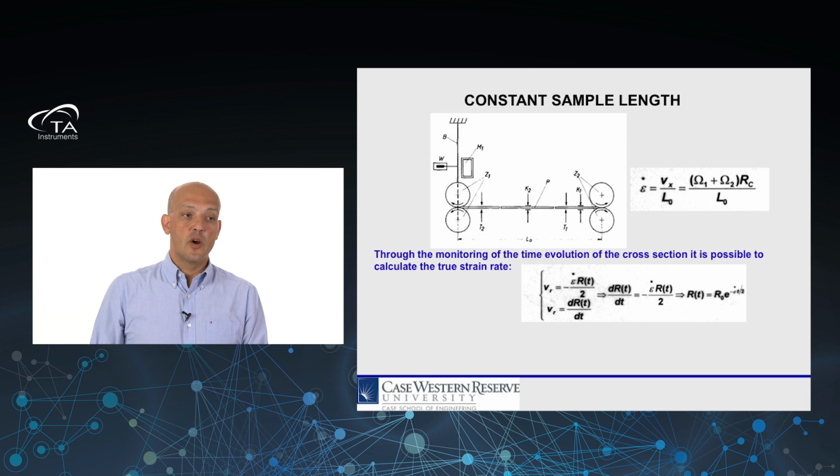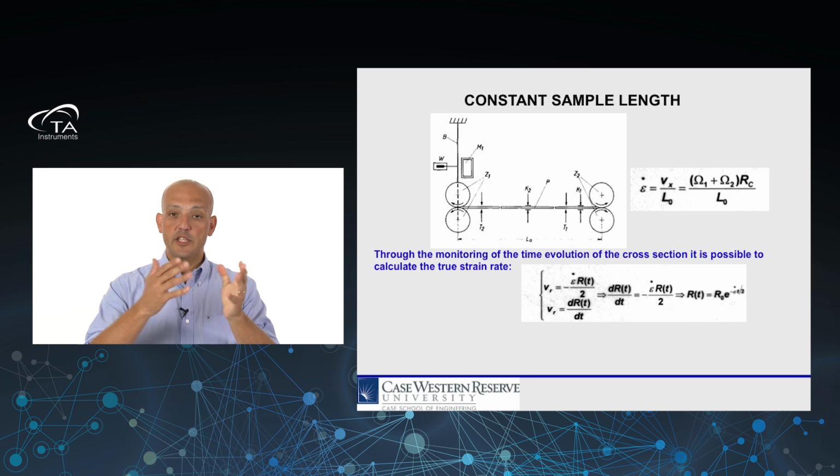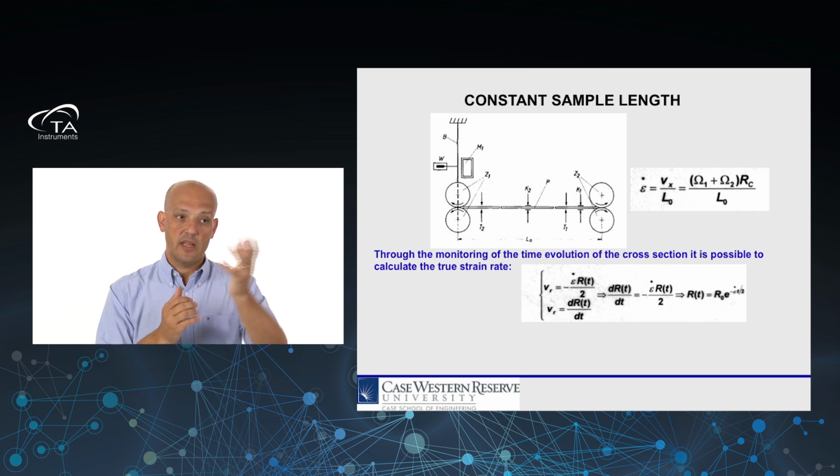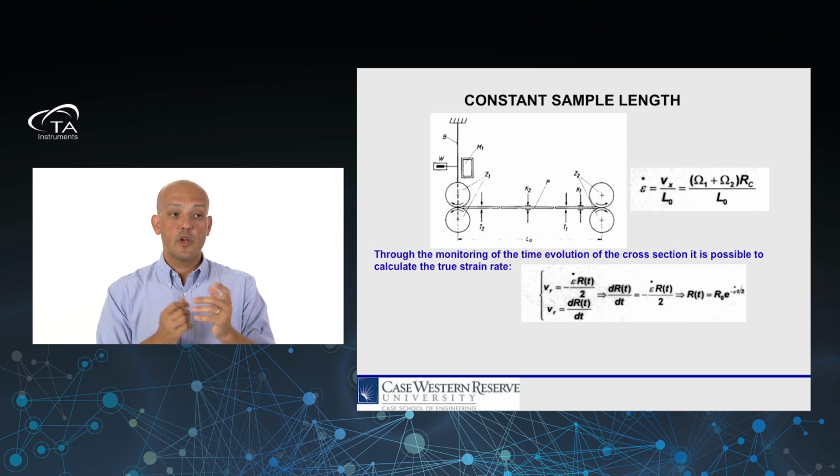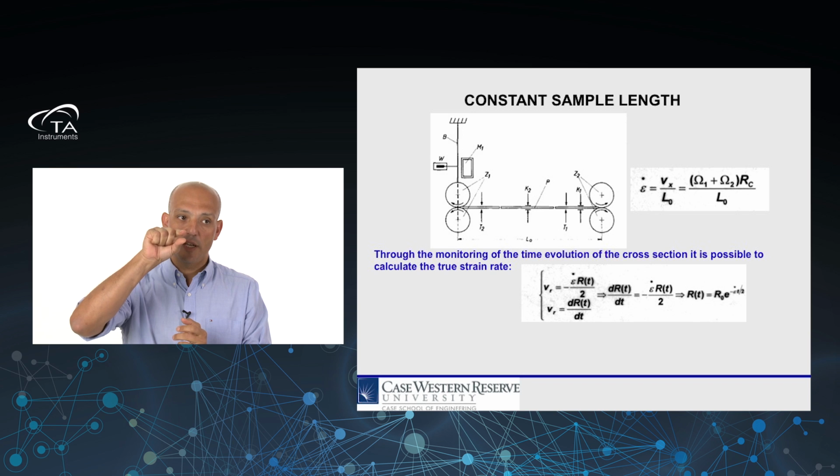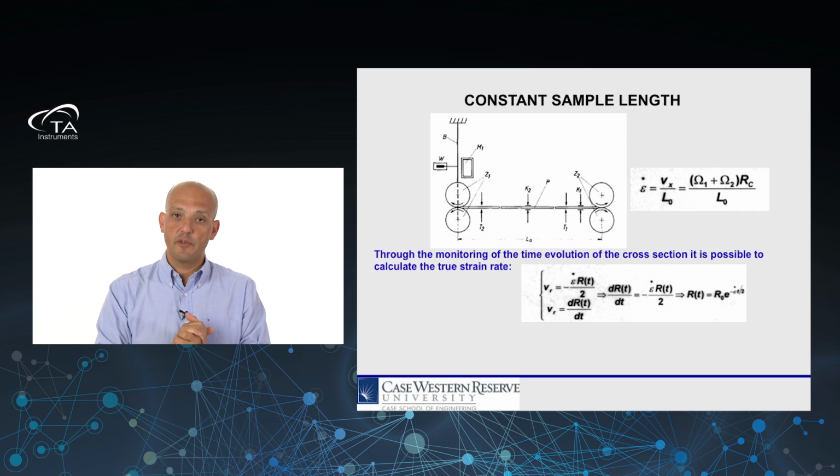Again, we know that if we have a uniaxial extensional flow, the radius will decrease in time at half of the strain rate. And we also know that the radial velocity will be the time derivative of the radius, the evolution of the radius in time.